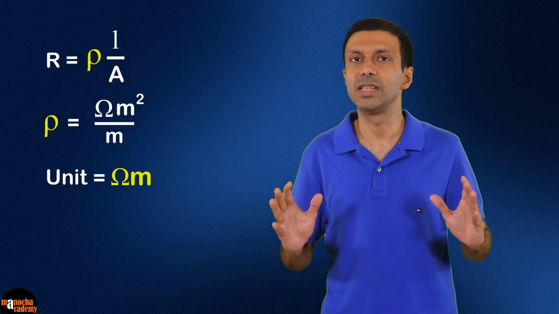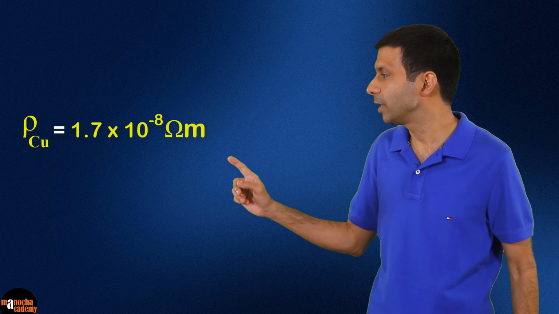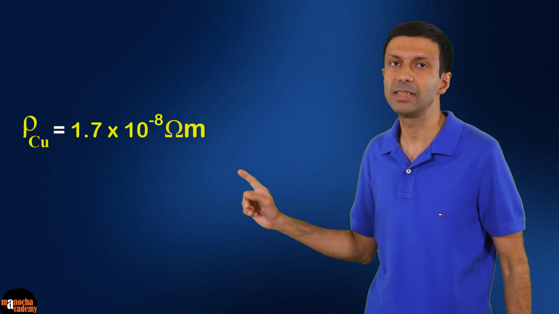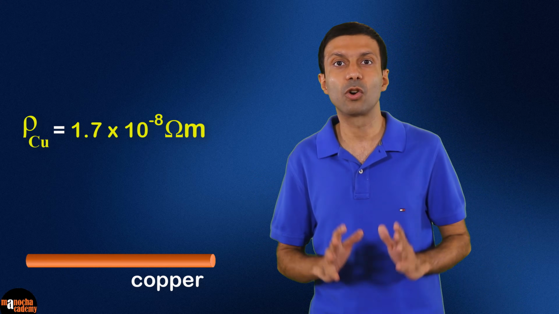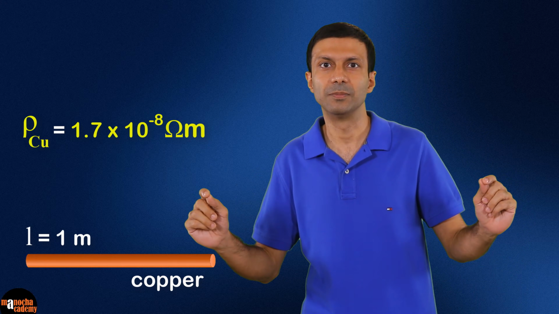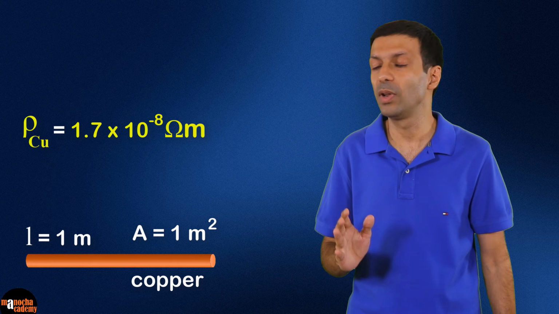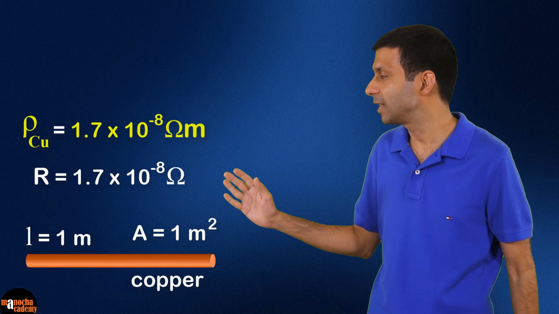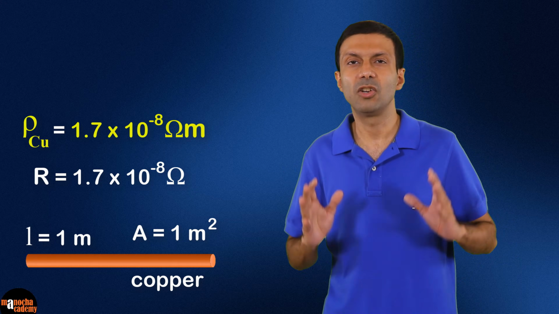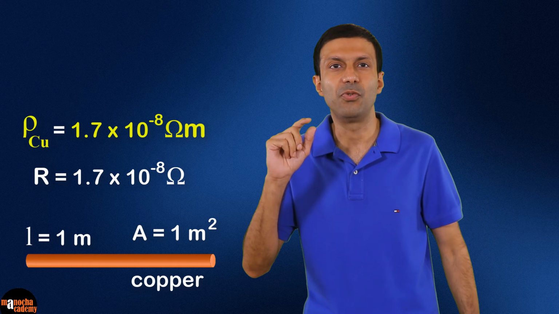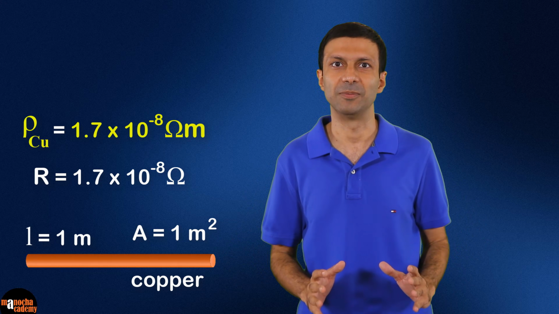For example, the resistivity of copper at 20 degrees centigrade is about 1.7 into 10 to the power minus 8 ohm-meter. This value means that if we take a copper wire of length 1 meter and area of cross section 1 meter square, then the wire will have a resistance of 1.7 into 10 to the power minus 8 ohm. The resistivity value of copper is very small, since copper is a good conductor of electricity.